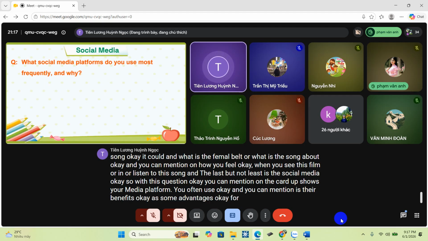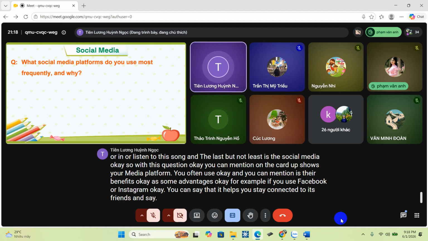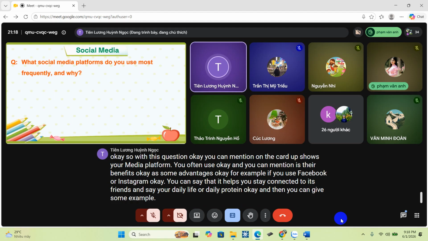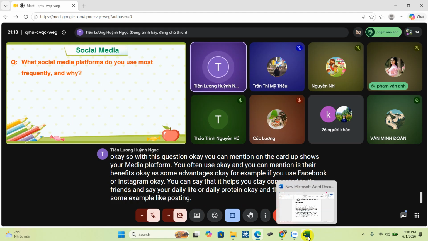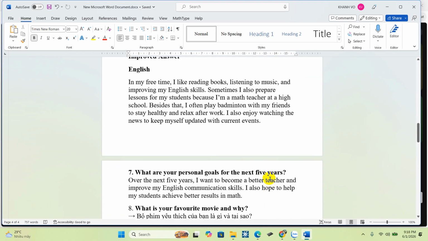For example, if you use Facebook or Instagram, you can say that it helps you stay connected with friends and share your daily life or daily routine. And then you can give some example, like posting travel photos, or posting photos while you are traveling.